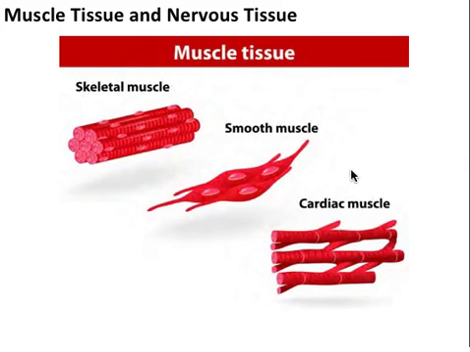Now, you might wonder, what's the big deal about these striations? Well, the striations represent areas in the muscle where the contractile proteins actin and myosin overlap.